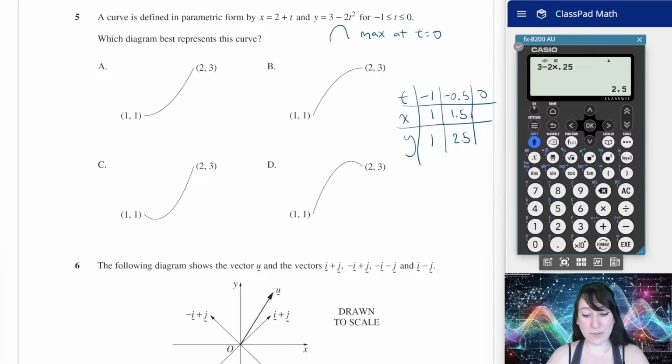And at 0, x will be 2 and y will be 3, as we know. You can see that y grows more quickly between -1 and -0.5, and then more slowly from -0.5 to 0, which would help confirm the shape of the graph being that concave down shape that we see in option B. So B is the correct answer.